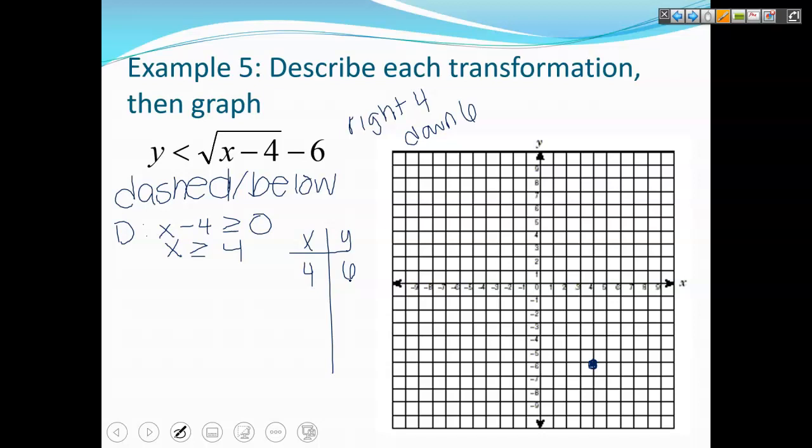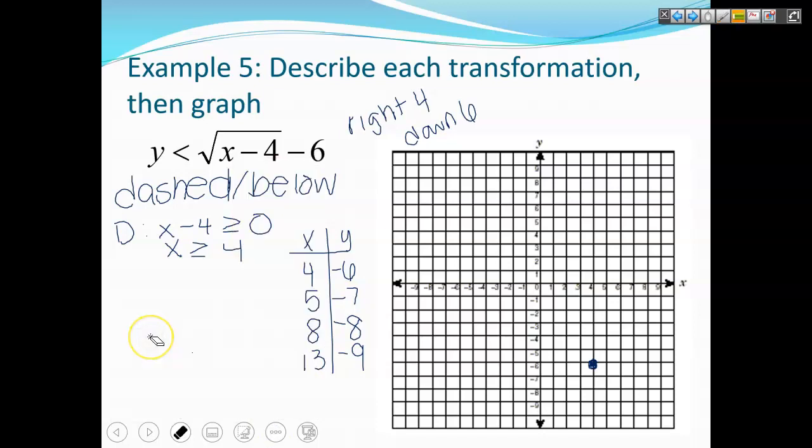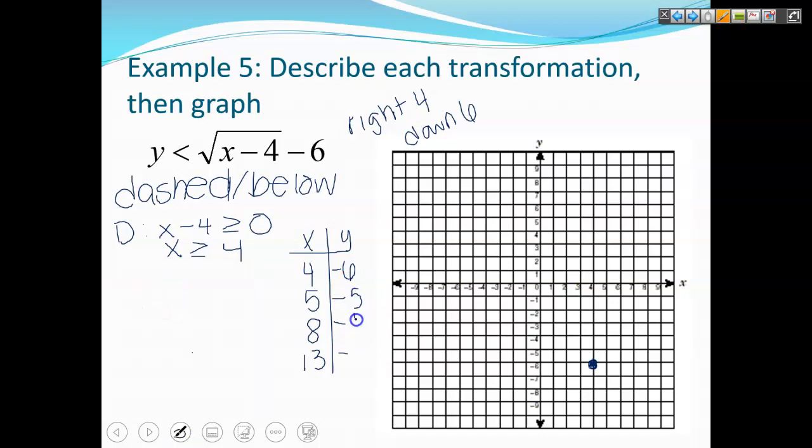So 0 plus 4 is 4, 1 plus 4 is 5, 4 plus 4 is 8, and 9 plus 4 would be 13. And then it's all your y values subtracted by 6. So negative 6, negative 5, 4, and 3. They go up, not down, sorry. This one's not reflected, sorry.